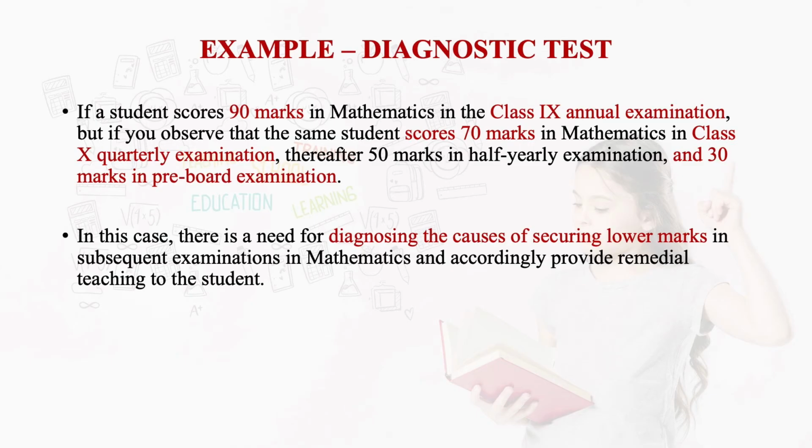You see it starts from 90, then reaches 70, then 50, then 30. So there may be certain problems, certain causes. To find out the causes, you have to administer a diagnostic test, and after diagnosing the causes of low performance by the particular student, you have to provide the remedial instruction, remedial measure.